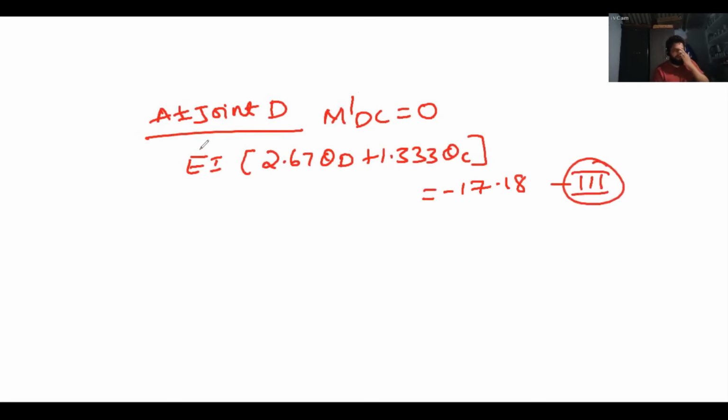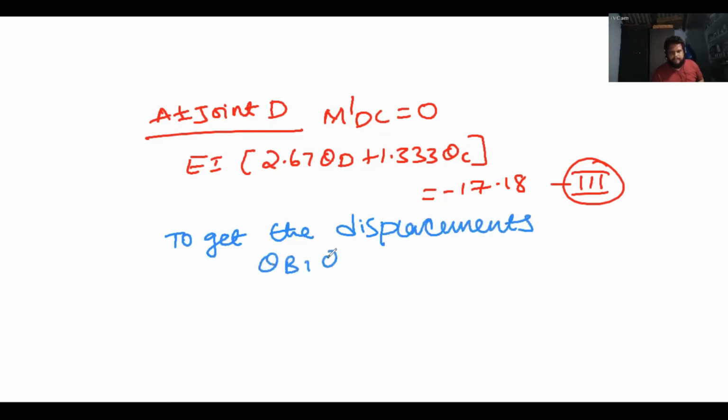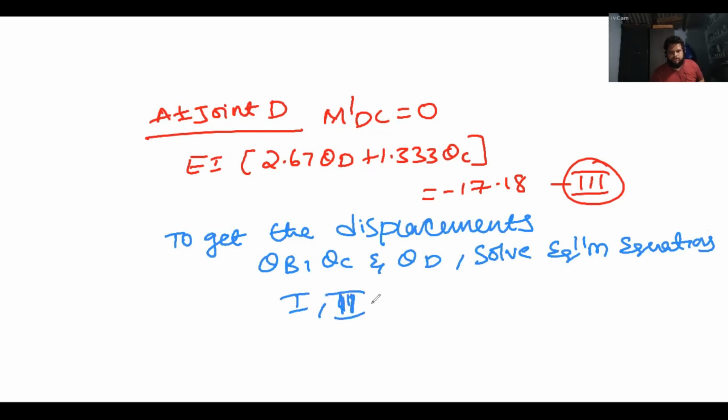Now what do you have to do? After this, you have to solve all those 3 equations to get the displacements theta B, theta C and theta D. Solve equilibrium equations 1, 2 and 3. I told you how to solve it. Take your Casio calculator, alpha mode setup and type 5, that is equation number 2.